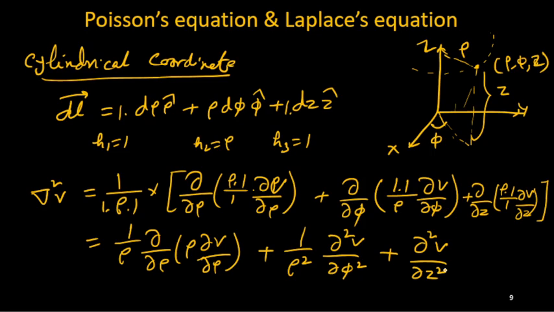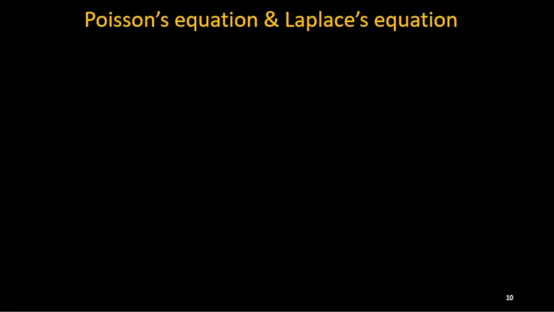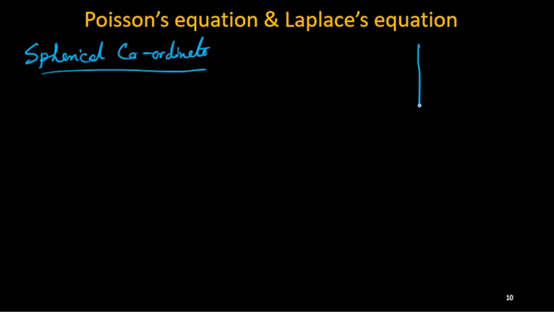Similarly, you will get it for the spherical coordinate system. So let us discuss this now. Remember, in the spherical coordinate system we consider the position vector. This is x, this is y, and this is z. We will consider a sphere, and the point could be here.